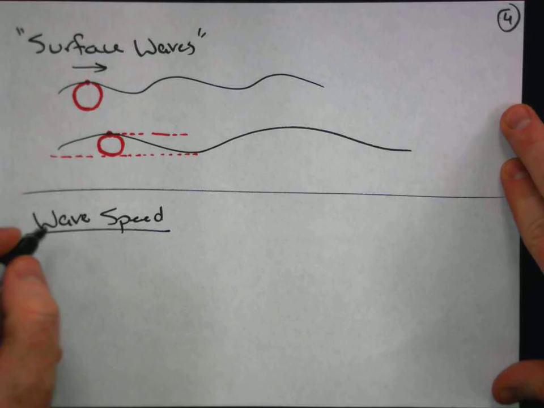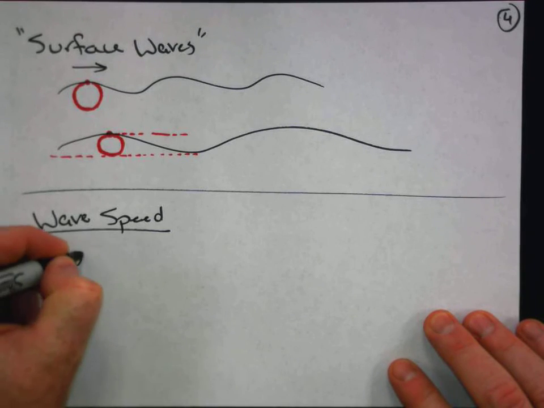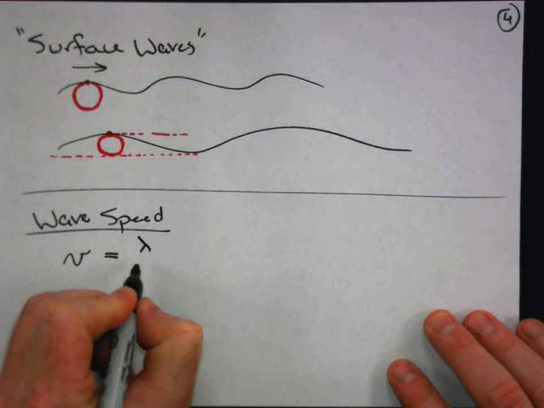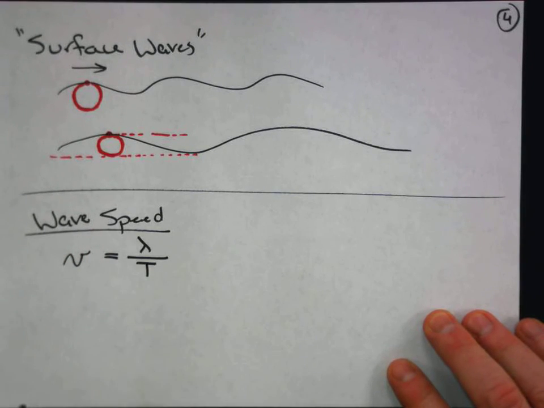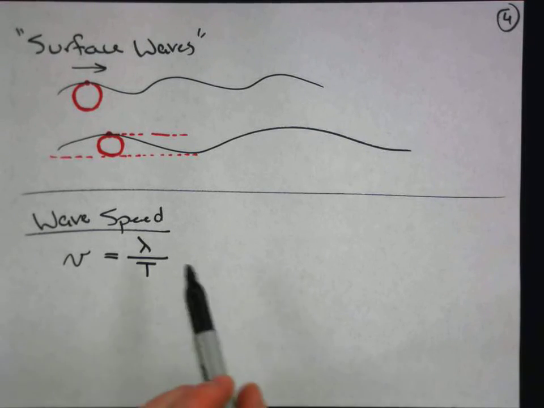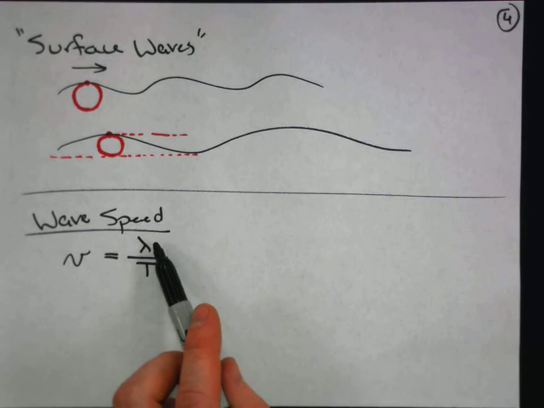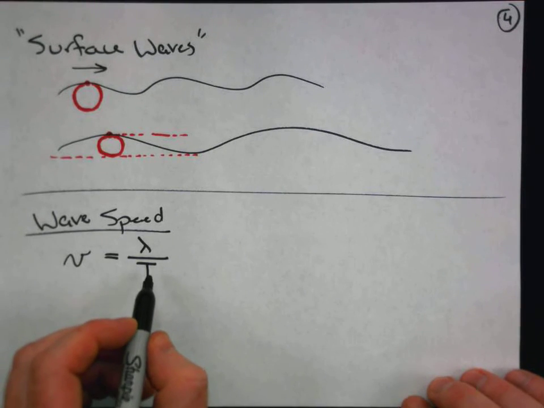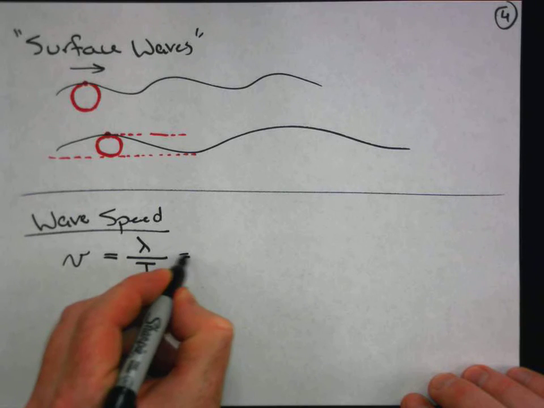So, speed of a wave. You can say that you're going to find that by finding the wavelength and divide by the period. That should be really straightforward, okay? We're just using different notation now for our distance and our time. No big deal. But there's a little more. Remember that period is simply the inverse of frequency.